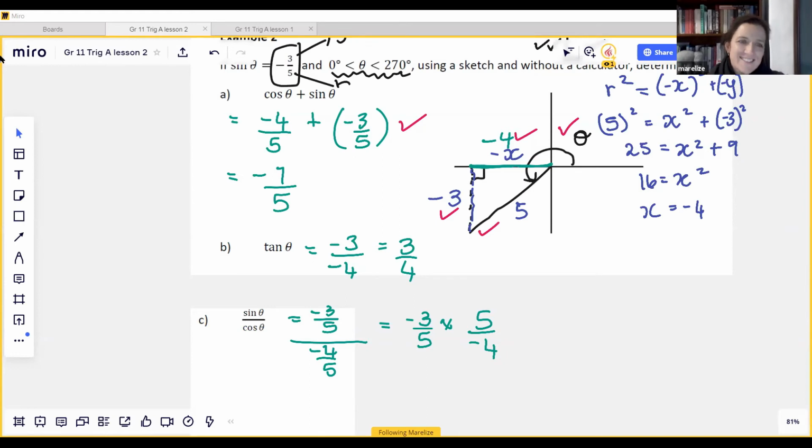Well done. So if you knew that, like Adam knew that, you could just go straight to 3/4. Otherwise, you could have gone the long way and worked it out, like I'm working it out over here, and you get 3/4. And that is because sine theta over cos theta is the same as tan theta.